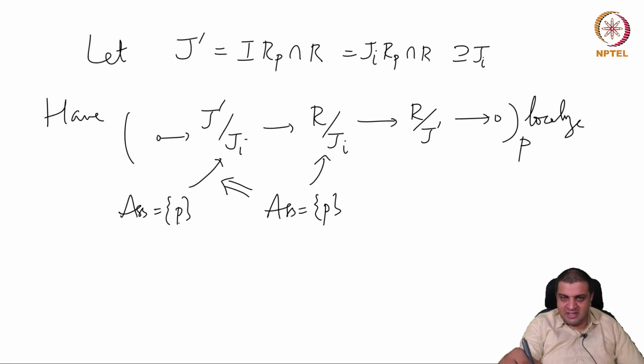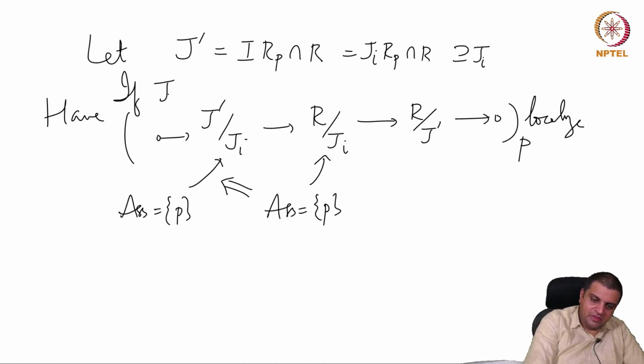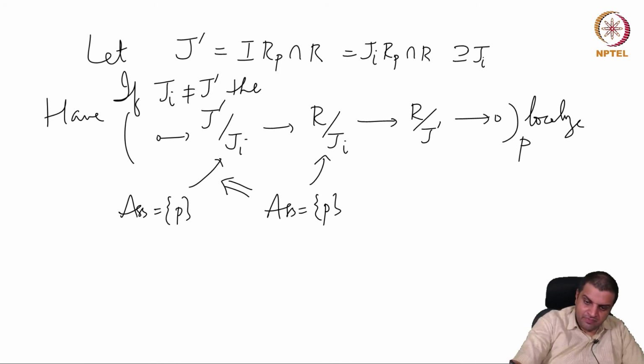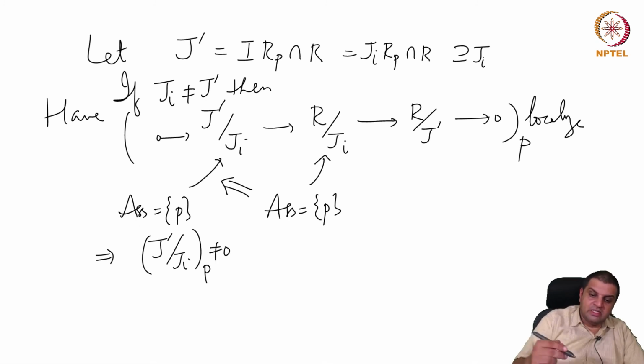All of this argument is necessary if it is not equal. If Ji is not equal to J prime, then this is a non-zero module and it has an associated prime, and we localize it at P. So this now implies that J prime mod Ji localized at P is non-zero, because associated primes are inside the support. So this localized is non-zero.